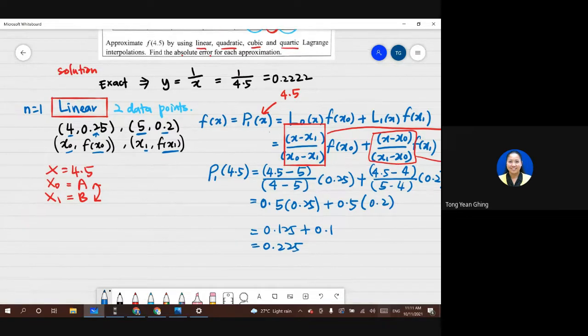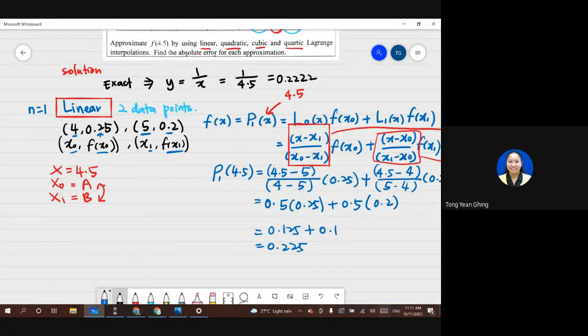Okay, so now you have to find the absolute error. Absolute error is exact minus approximation.